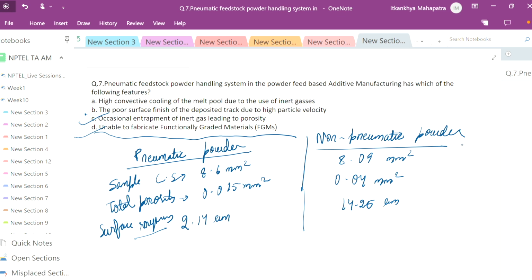They can entrap inert gas leading to porosity, and the surface finish is poor due to the deposited track, due to high particle velocity. So these are the correct options. Now, there is no convective melting of the melt pool due to use of inert gases. So these are some things which we have to remember for this type of feedstock powder handling system.